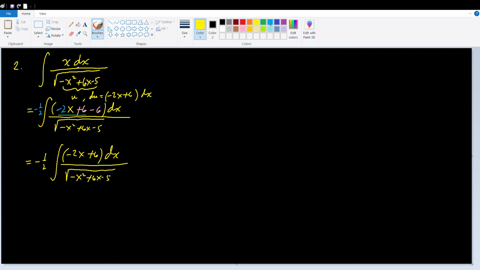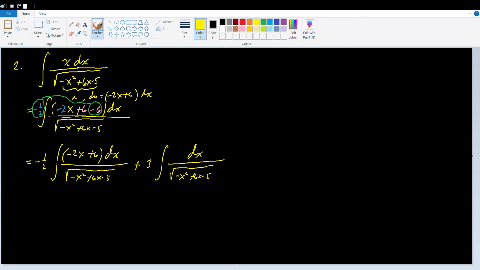And then this part, negative 1/2 times negative 6 is equivalent to positive 3 quantity, or the integral of dx all over the square root of negative x squared plus 6x minus 5.